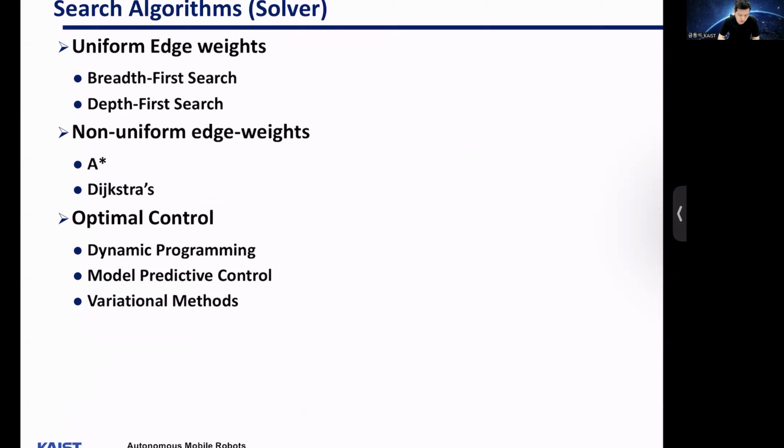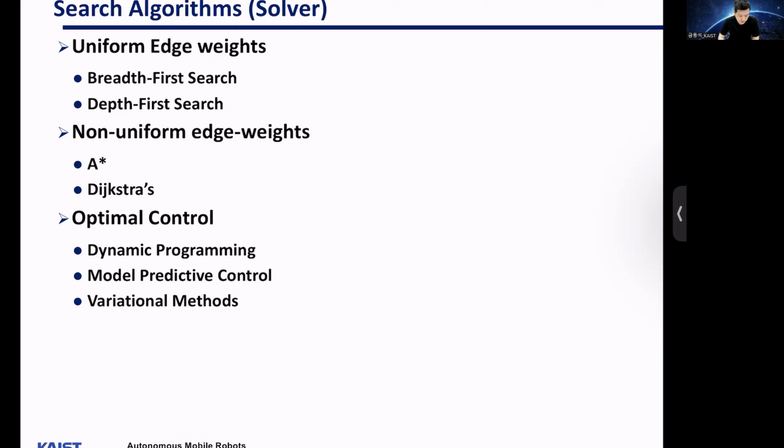First would be, if you have uniform edge weights, then you could use breadth first search or depth first search. If you have non-uniform edge weights, then you should use either A* or Dijkstra.